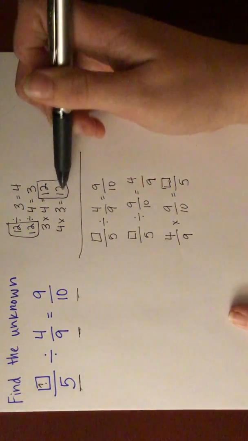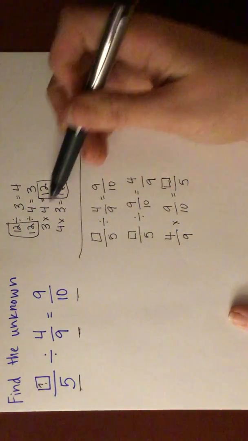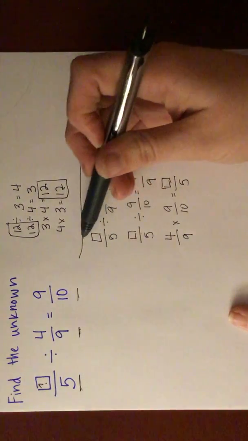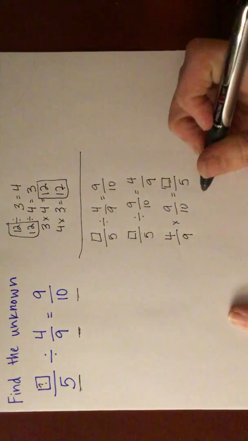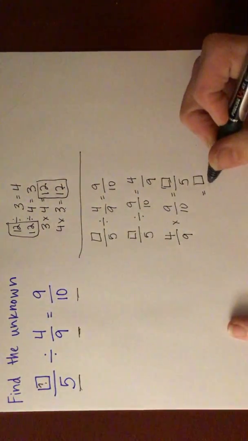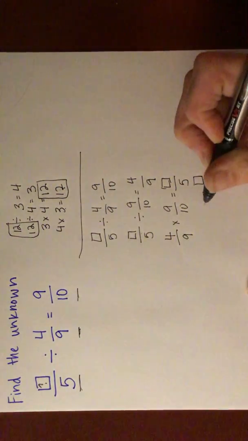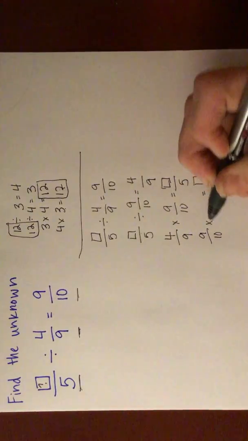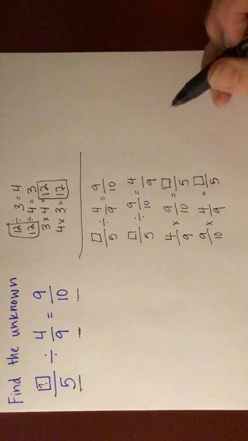Just like how I did 4 times 3 equals 12, I'm taking that 12 that was in my division. My dividend becomes my product. So these were my dividend, so they become my product. So this one's going to have that same product. But I can switch these around. So I've got 9/10 times 4 ninths instead.